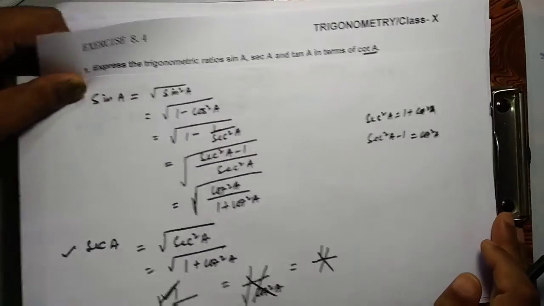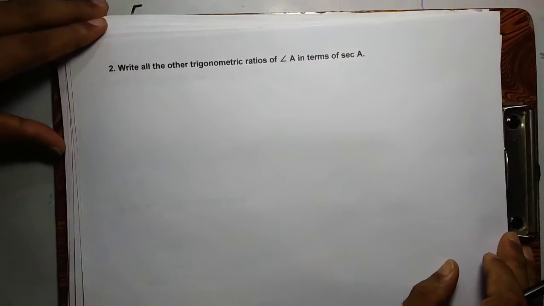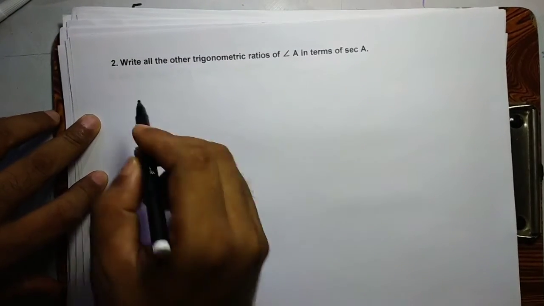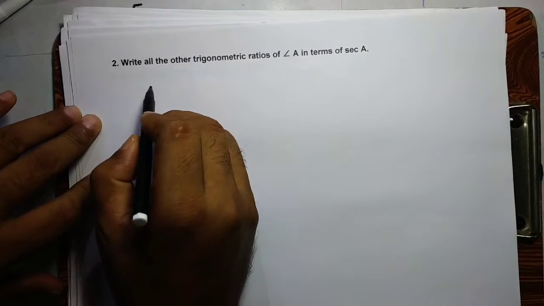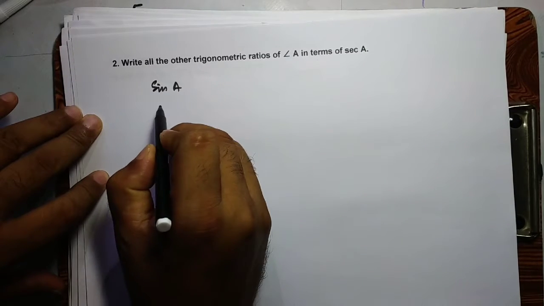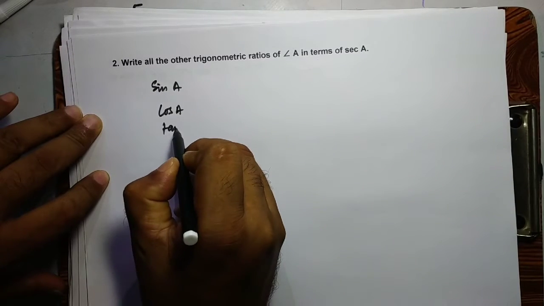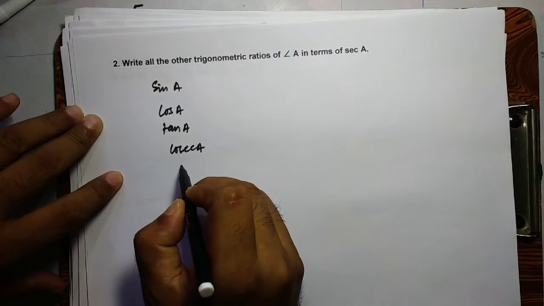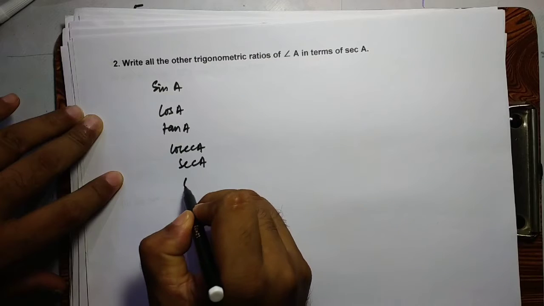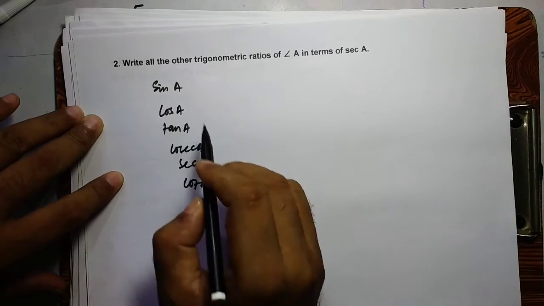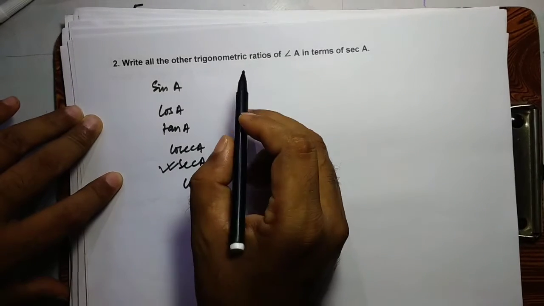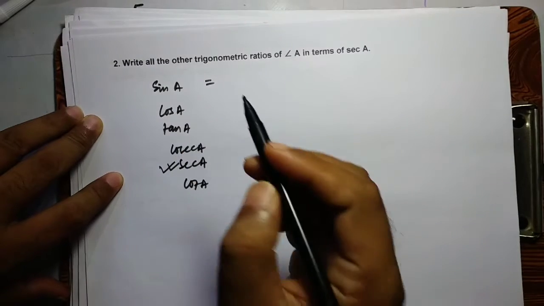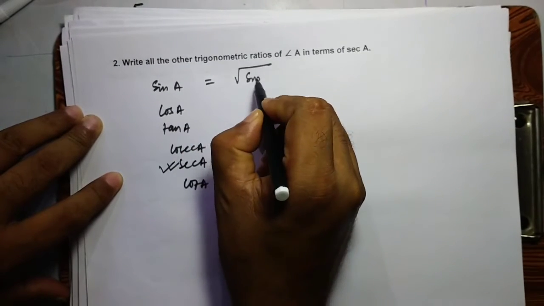Okay. The next question: write all trigonometric ratios of angle A in terms of sec A. We have the trigonometric ratios sin A, cos A, tan A, cosec A, then sec A, then cot A. So they are saying you have to write everything in terms of sec A. So sin A is root of sin square A, you can write it like this.